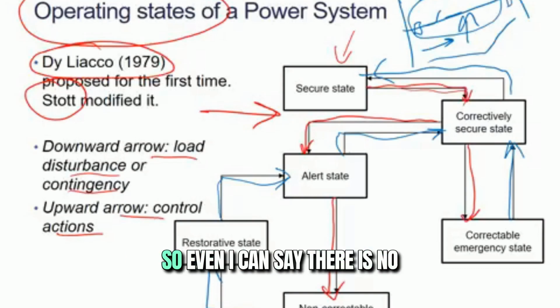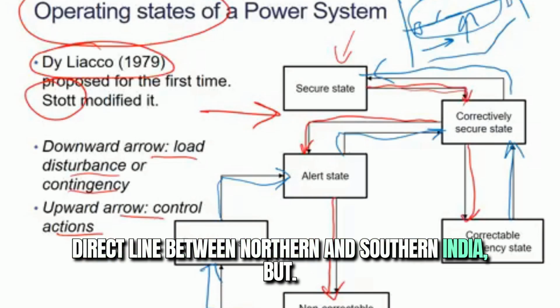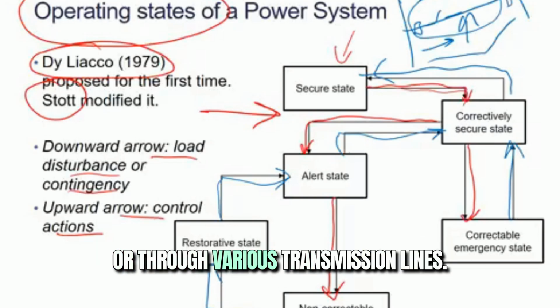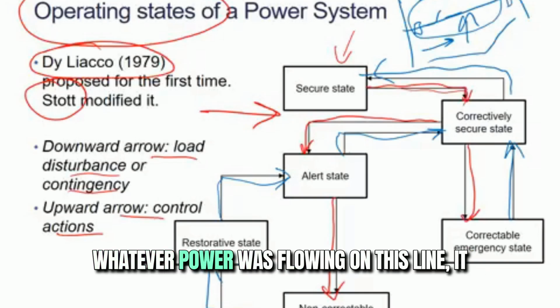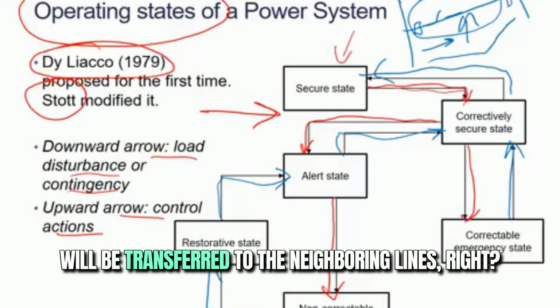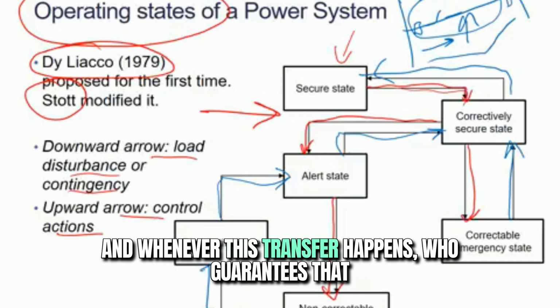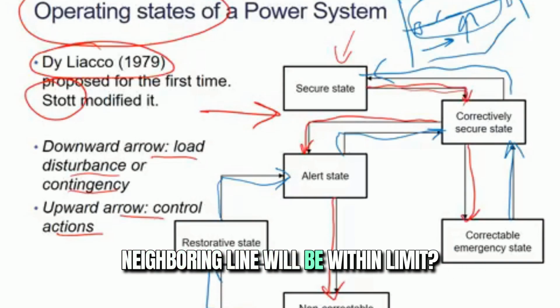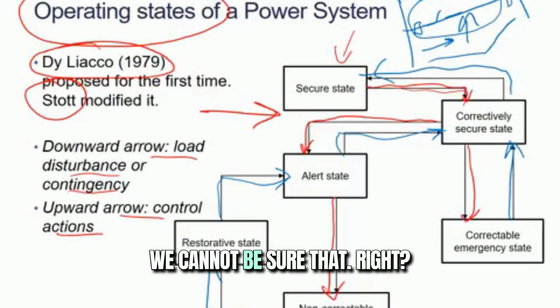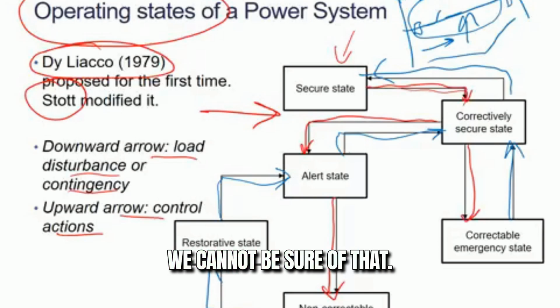Even though there is no direct line between northern and southern India, through various transmission lines the complete power system is connected. So whatever power was flowing on this line will be transferred to the neighboring lines, and who guarantees that the power flowing on the neighboring line will be within limit? We cannot be sure of that.